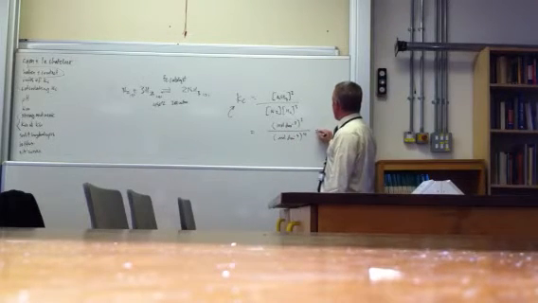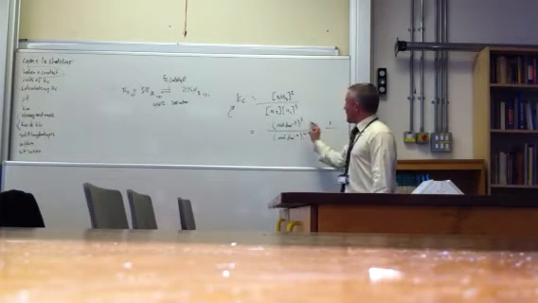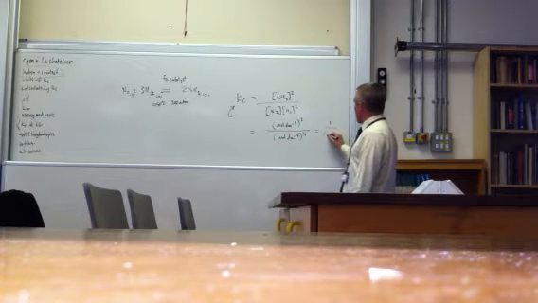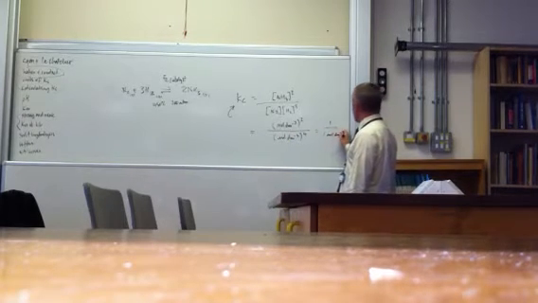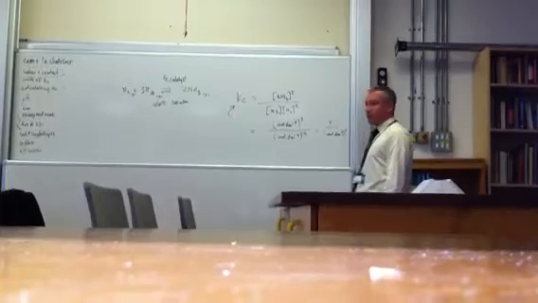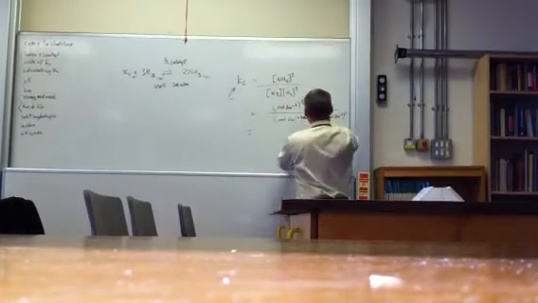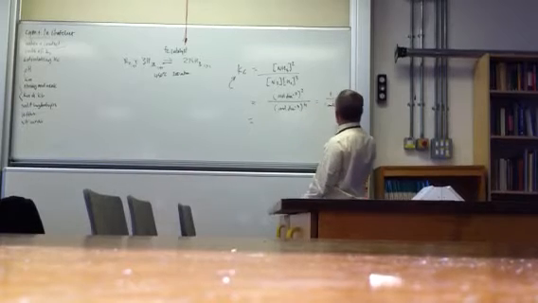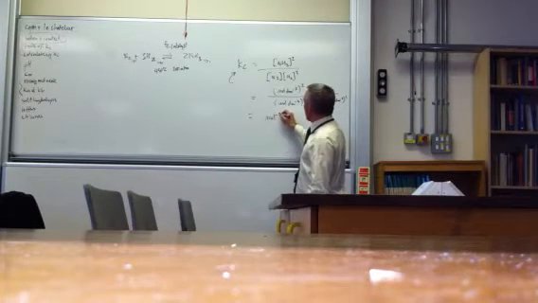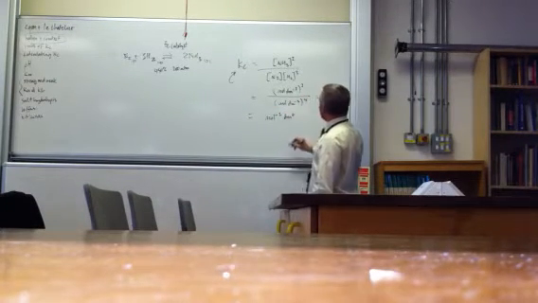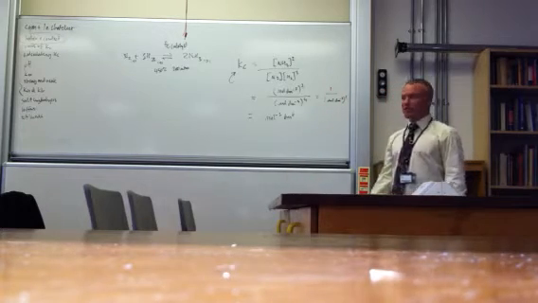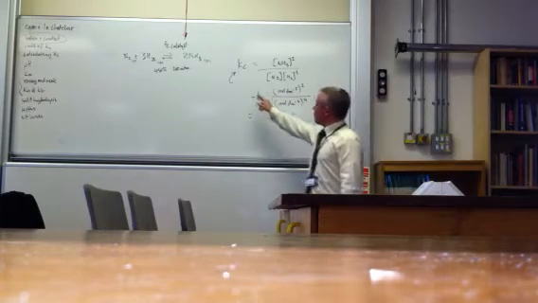So what we end up with is 1 over, because we can cancel 2, can't we? We end up with 1 over moles per decimeter cubed squared. Yes? And so we bring those to the top, but it's squared, so it's moles to the -2, decimeters to the 6. So those are the units for Kc.